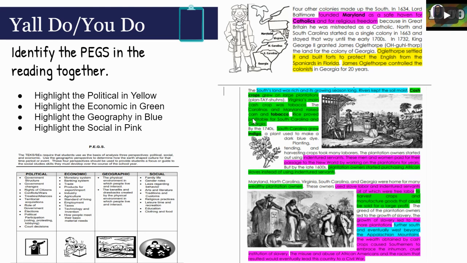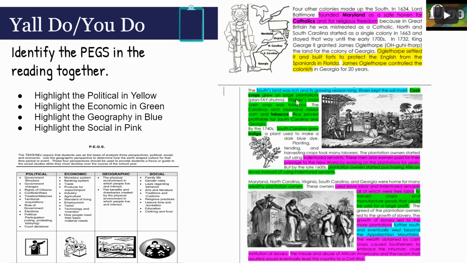They call them cash crops because they grew enough that they could sell and make money off of. And a lot of these, if you notice, didn't spoil fast. So tobacco, rice, indigo, these don't spoil fast, right? So it's a way for us to harvest these crops and get a lot of money from them.